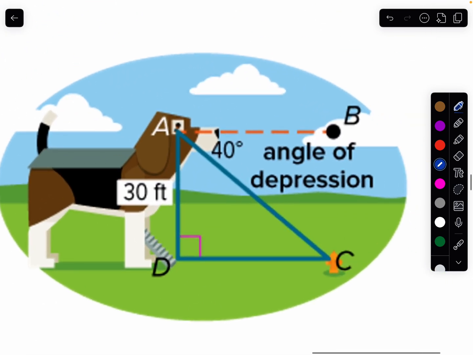So we've got this picture. Now notice my angle of depression is from the horizon. So since it's from the horizon, that's not part of the triangle, is it? I could do it a couple different ways, but I think what I'm going to do is look at it here.